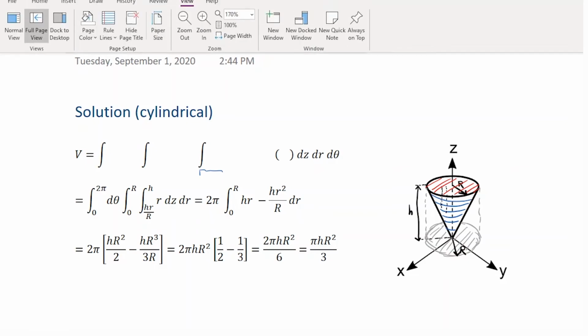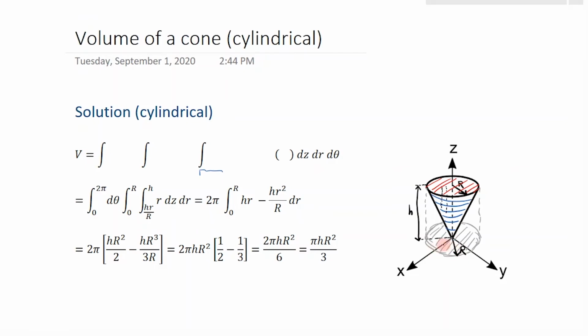So let's write what the bounds are. In the end, the bounds on theta are going to be 0 to 2 pi because we're describing the full circle.